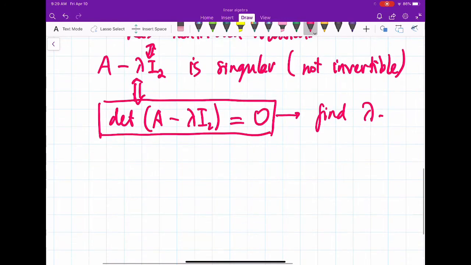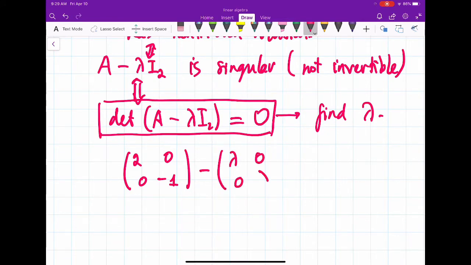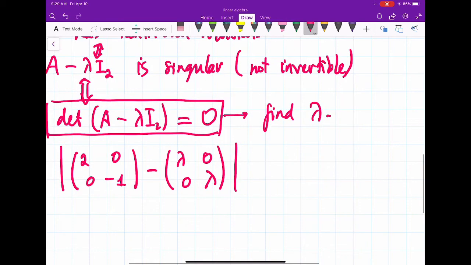So I have to find A minus lambda I. I have [2, 0; 0, -1] minus [lambda, 0; 0, lambda], and then I have to take the determinant of this. Inside, I have 2 minus lambda, 0, 0, negative 1 minus lambda.